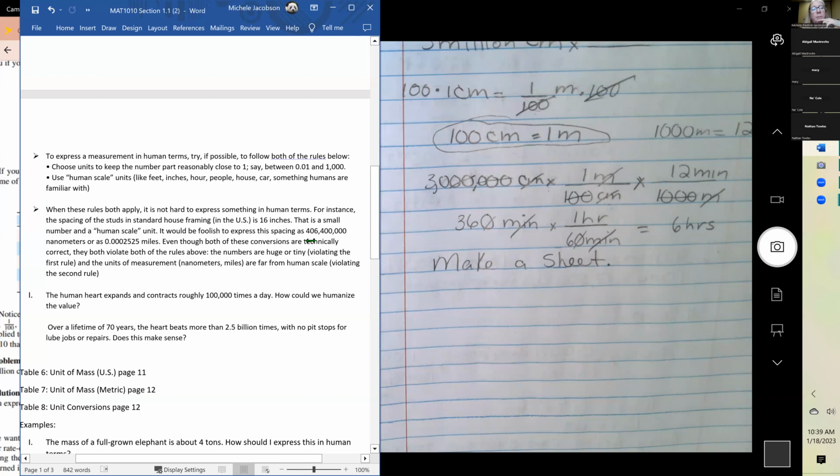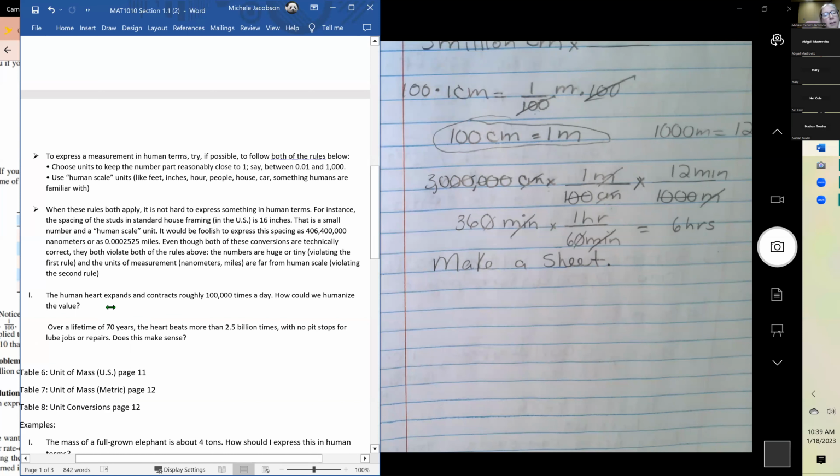But if we were expressing it in nanometers, 406 million nanometers, it's hard to visualize that, but 16 inches, you can. And again, if we went into miles for the distance, it's so small, it's hard to visualize. And that's why we try and humanize it. Sometimes it's in the regular measurements that we know, sometimes it's in elephants or panda bears.